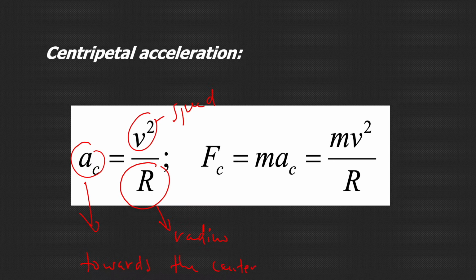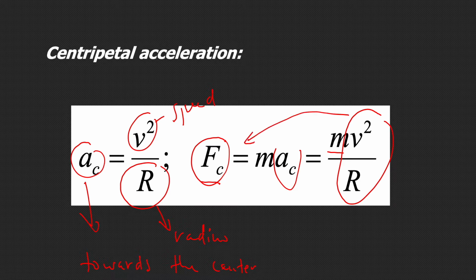This is because the centripetal force is directed towards the center, therefore the acceleration will also be directed towards the center. Now we can calculate the centripetal force, or Fc, as the product of the mass of the object and its centripetal acceleration. Centripetal acceleration is v squared over r, and we multiply it by m to get the centripetal force.